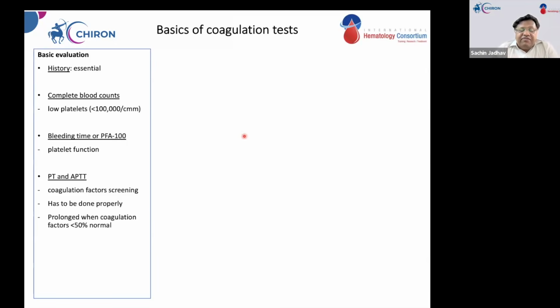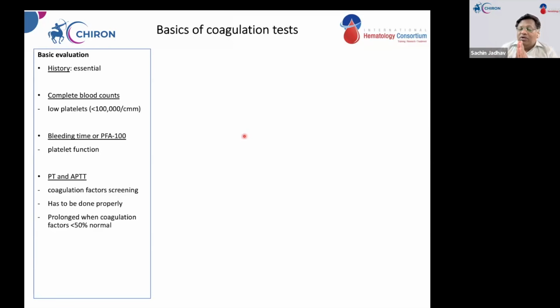When we look at coagulation factor levels, 100% is supposed to be normal. And even if it goes below from 100 to 90%, 80%, 70, 60, 50, we consider that to be normal. So the normal range for coagulation factors is 50% to 150%, right? 50% to 150%, with 100% being in the middle.